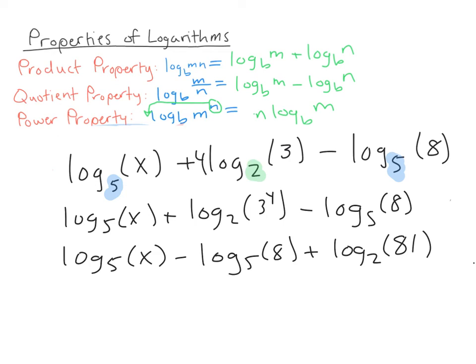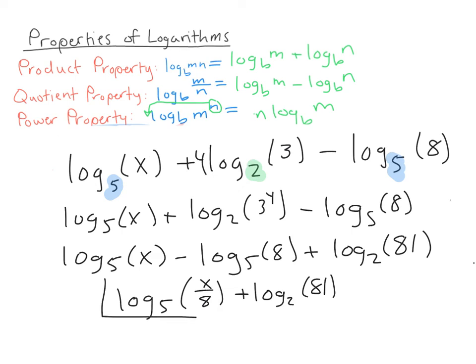Now, we know with subtraction, when we go to condense that down, that's going to be top minus bottom, so it's x on top of the 8, so we have log base 5 of x over 8, and then we have plus log base 2 of 81. And so because there's nothing else that we can do to simplify this problem, we would actually leave it here with these two separate logs.